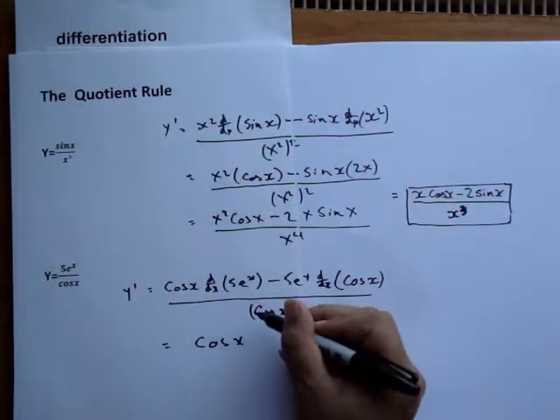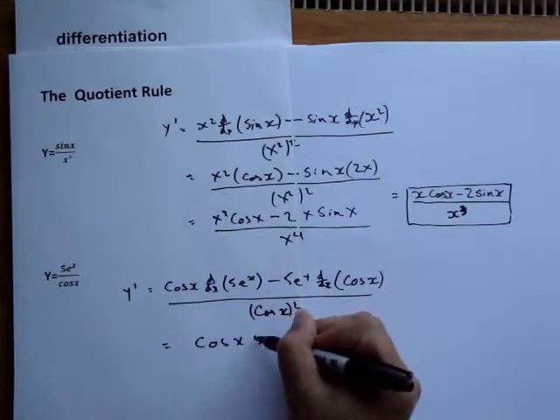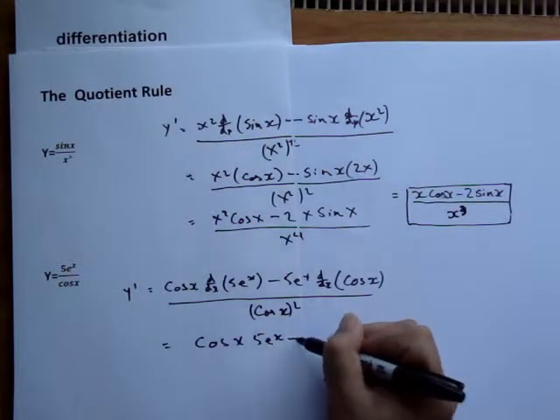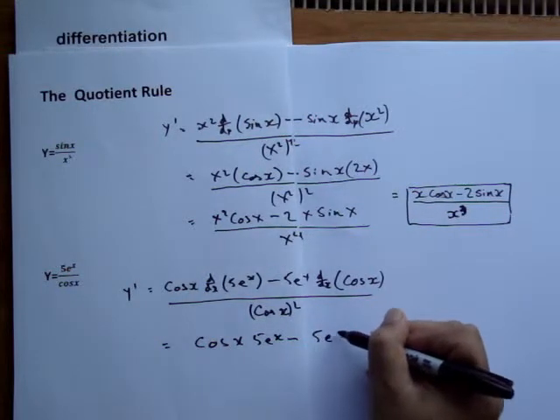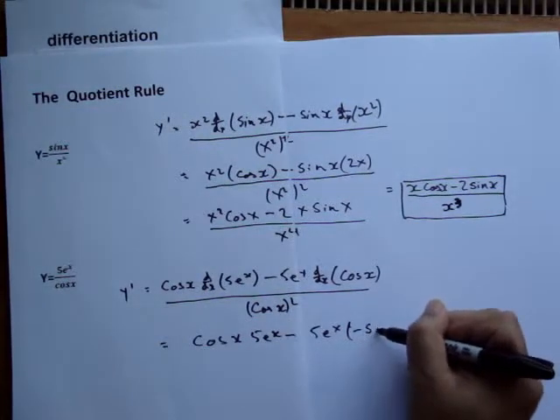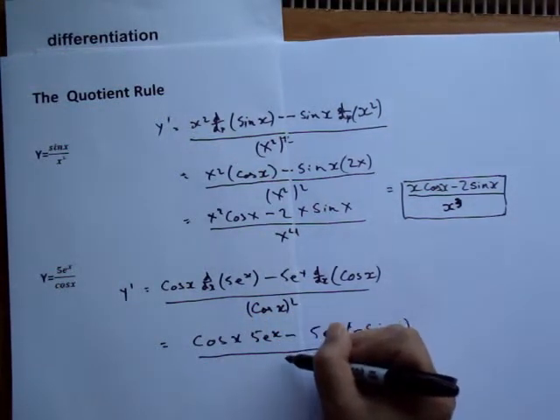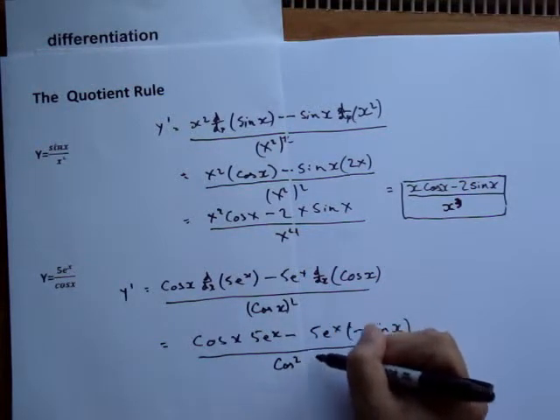Cos x, derivative of 5e to the x is 5e to the x, minus 5e to the x, derivative of cos x is minus sin x, all over cos squared x.